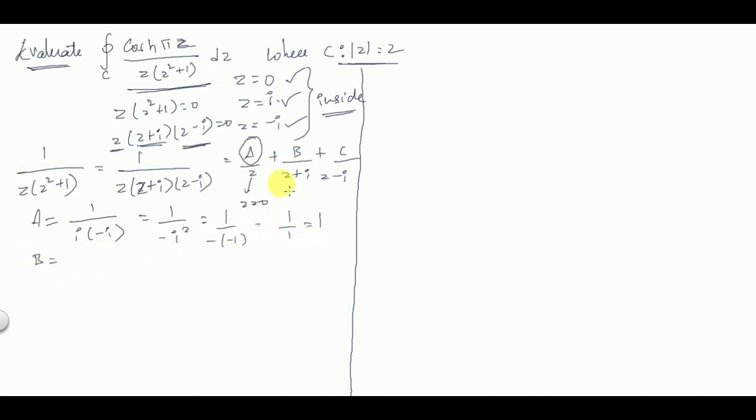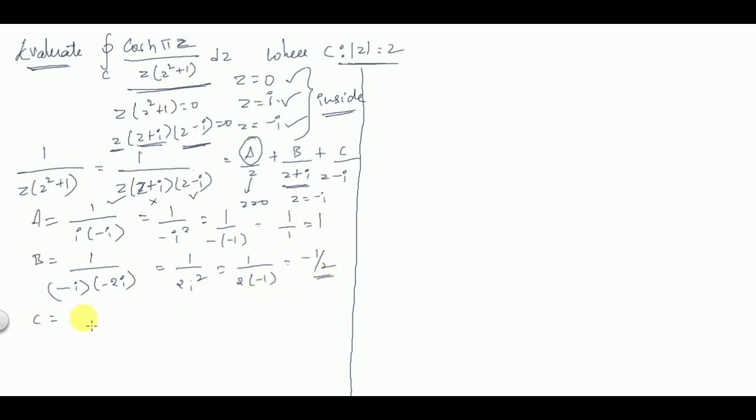Similarly b: when you want b, just substitute z equal to minus i, not considering the z plus i term. Just substituting z equal to minus i, it will be minus i into minus 2i, so it will be 1 by 2i square, so 1 by 2 into minus 1, so it will be minus 1 by 2.